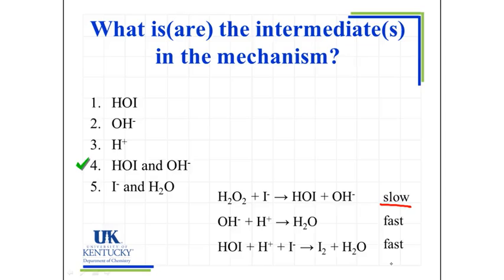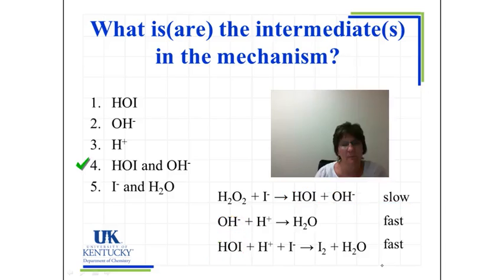Okay, if you chose number 4, then you are absolutely correct. Those are your intermediates. So we have this substance being produced and then consumed, so it's not in the overall reaction. We have OH minus getting produced and consumed. Everything else is part of the overall reaction.